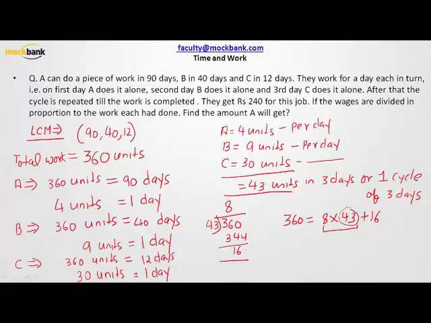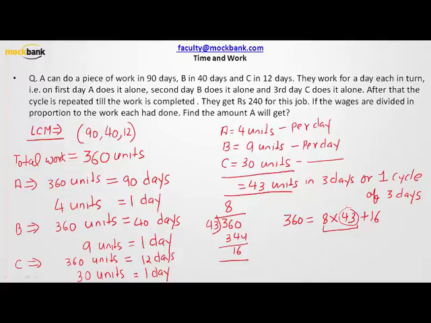So there will be a complete 8 such cycles where A, B and C are working alternately, and in those 8 cycles of 3 days each, that is in total 24 days, they will be able to finish 344 units.